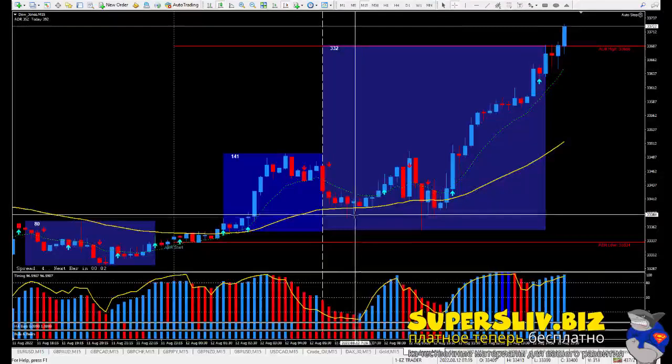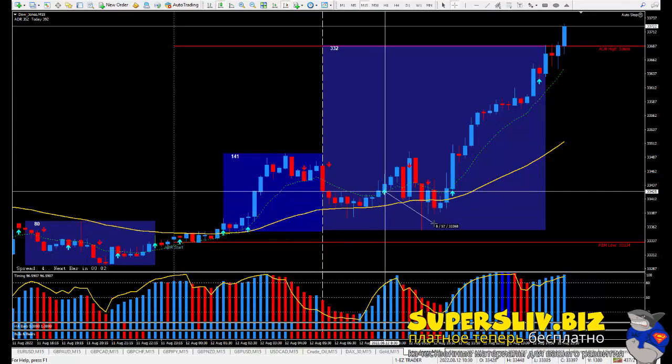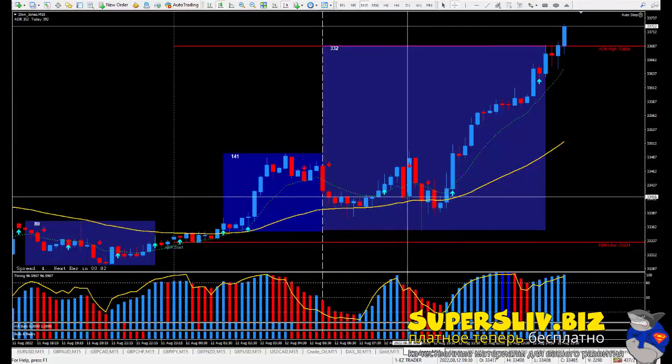Obviously, if you pull the trigger here, you need about a 30 pip stop. And if you're waiting for the signal, it's going to go a lot bigger. That's like 70. But no matter where you get in, just make sure you give it some room to move, because these futures, they do move.